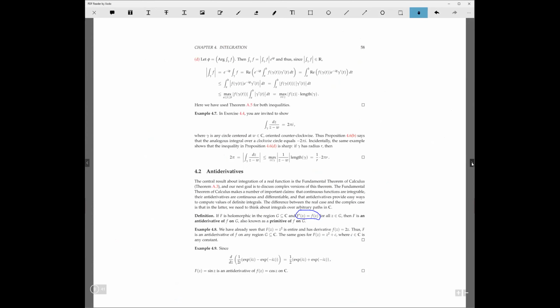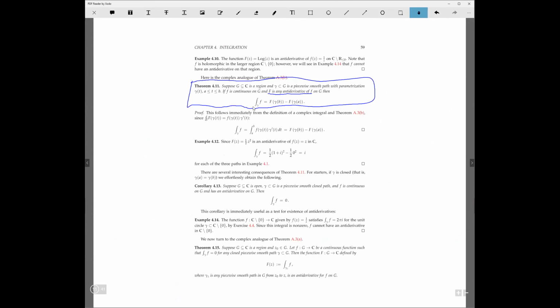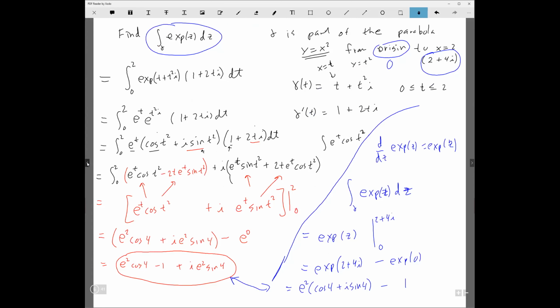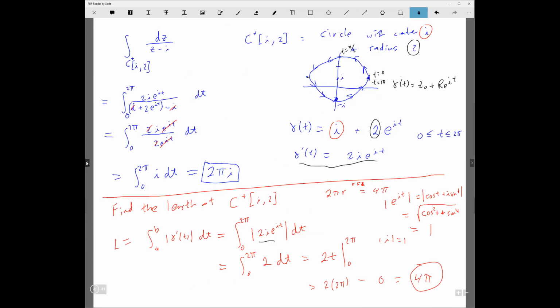But I would point out, so this seems quite powerful, but let me point out that it doesn't always work that way. It doesn't always work. So let me show you. Let's go back to this example right here.